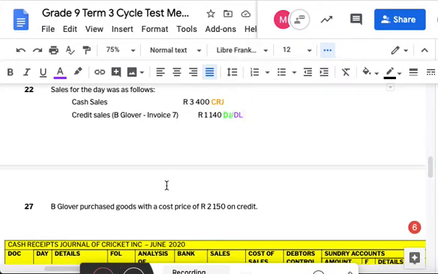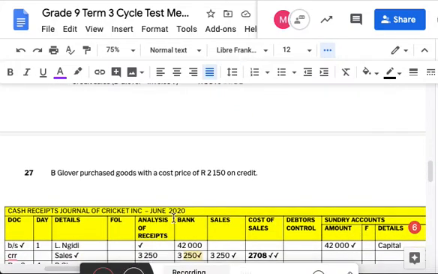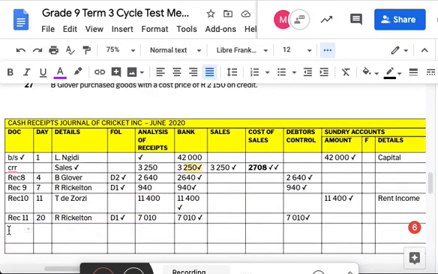Right. If we look at the cash sales for the day on the 22nd, we put in our source document, which is source document for cash sales, Turner, CRR. The date is the 22nd. Tor, what's our detail? Sales. There's nothing in the folio column.